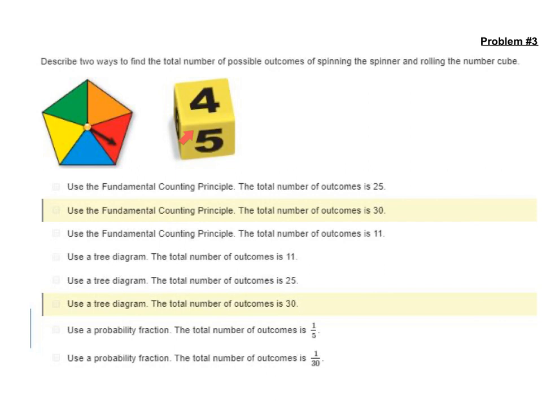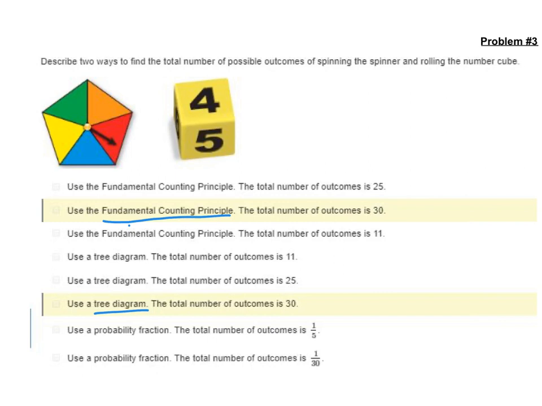Whenever we have compound probability, or the probability of 2 or more events occurring, we are going to use either the fundamental counting principle or a tree diagram. I'm not going to create the tree diagram for this because I'm going to test out the fundamental counting principle first to see how many possible outcomes there are.